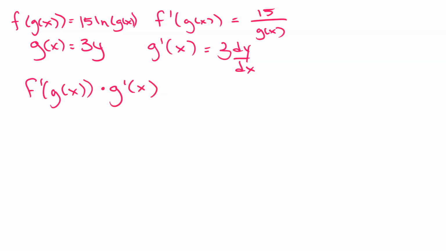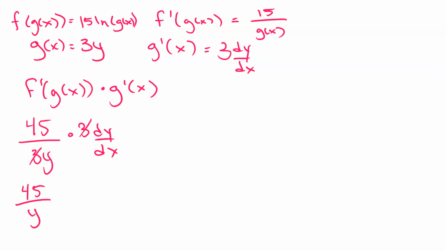So when you do that, you're going to have 3 times 15, or 45, over g, which was 3y, times 3 dy dx. 3's cancel, so you've got 45 over y dy dx.